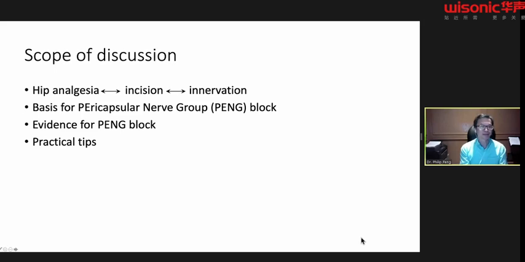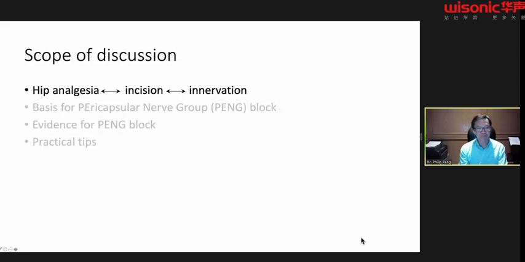Not knowing the type of surgery or soft tissue trauma, and not knowing the innervation of this soft tissue trauma, it is very difficult to make sense of what the hip block can provide. So I'm going to give you a very general introduction. Then I'm going to talk about the basis for the pericapsular nerve group block, which some people call the PENG block, and then the clinical evidence. And finally, I will share with you some of the tips that I have gathered over the last few years.